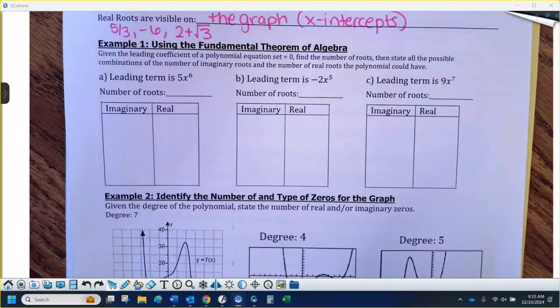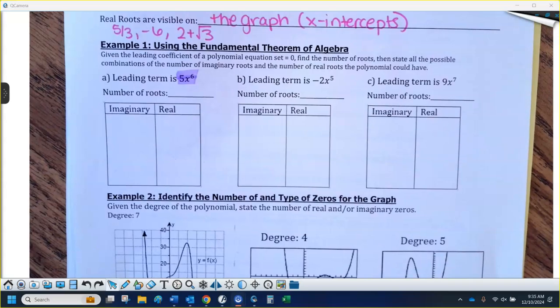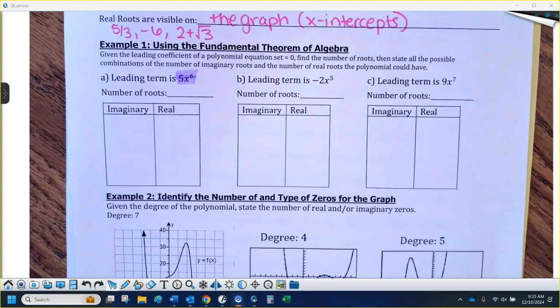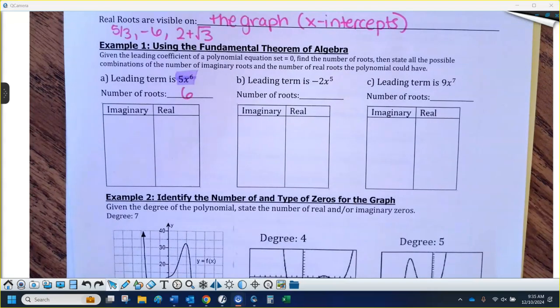So this just says the leading term is 5x to the 6. I don't have the rest of the polynomial, I just have the leading term. We can tell how many solutions it should have just from looking at that. So how many roots or zeros would you have if your leading term was 5x to the 6? 6.